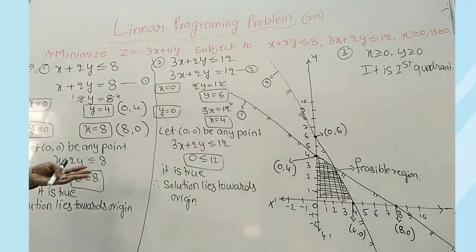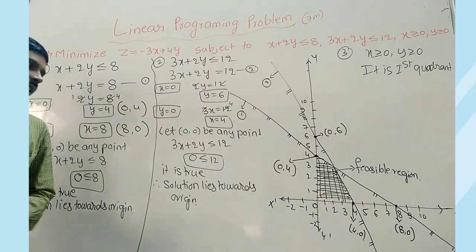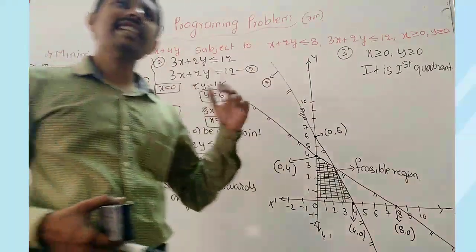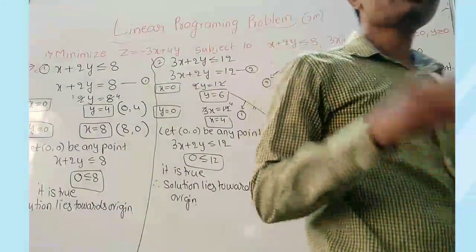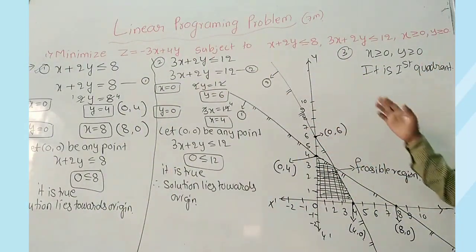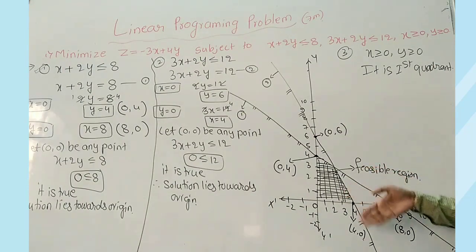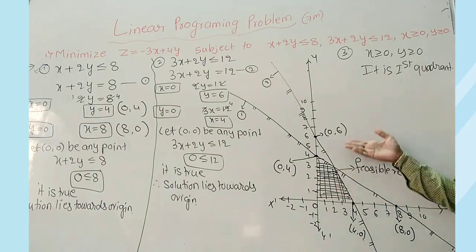After this, I think there is no problem. We got the feasible region. The procedure is: consider the line, replace the inequality by equality, give some x value, and you will get the y value. Mark those points, join them with a straight line, then identify the solution region by taking 0, 0.